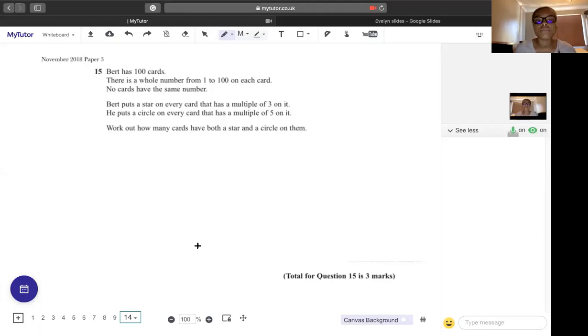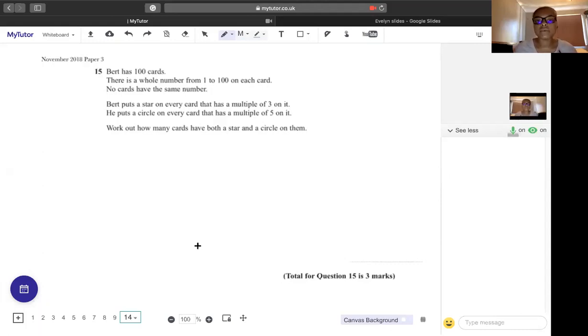There's a whole number from 1 to 100 on each card. No cards have the same number. Bert puts a star on every card that has a multiple of 3 on it. He puts a circle on every card which has a multiple of 5 on it. Work out how many cards have both a star and a circle on them.